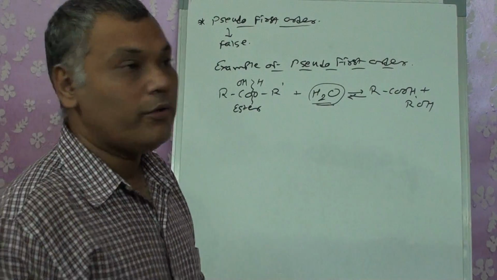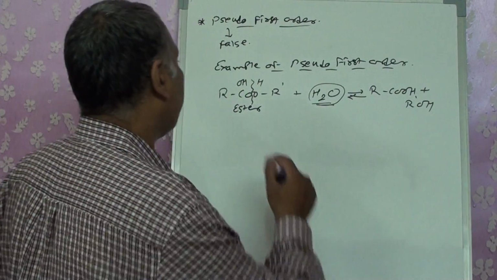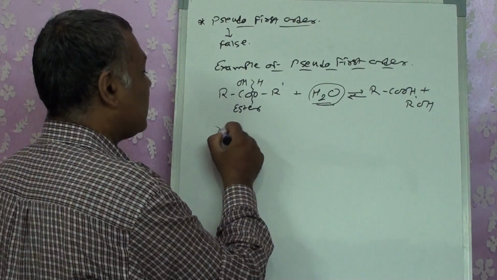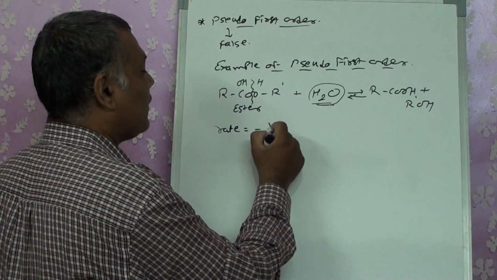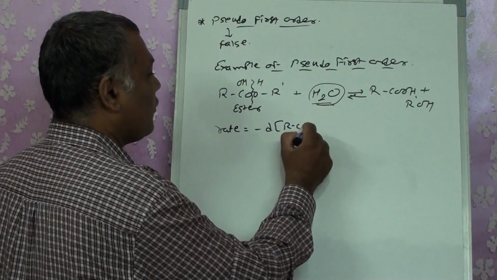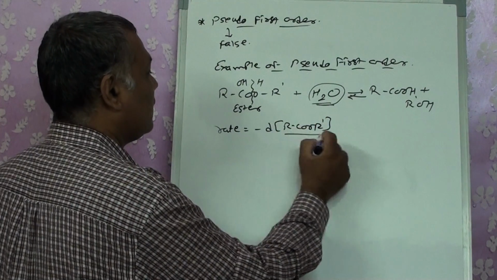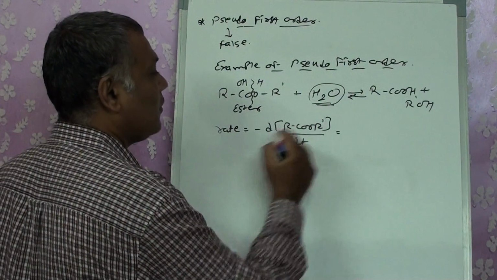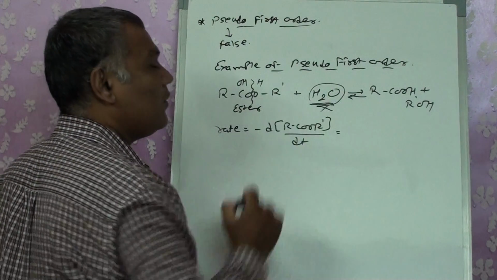But still, while writing the differential rate equation, when we write the rate equation, we know that we write d of ester by dt. We don't indicate water.